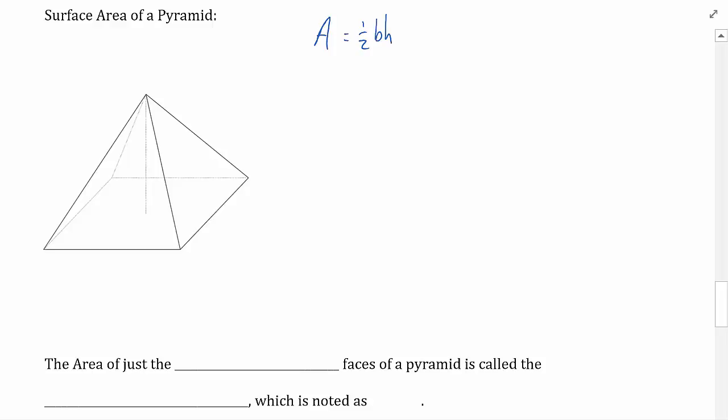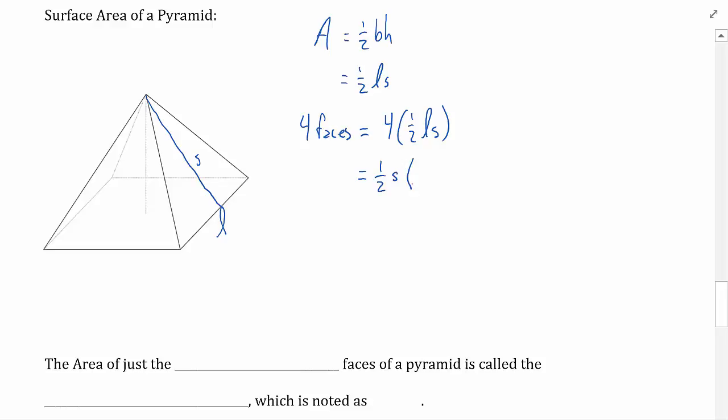If you have a square base, you could call the length of one of the sides L, and of course you've got your slant height in here as S. So the area of that face is 1/2 L times S. So to get all four of the faces, that would be 4 times 1/2 LS. Now I recognize you could do 4 times a half, getting 2 LS, but bear with me as I do a slightly different manipulation. I'm going to take half of S and show that multiplying by 4L.